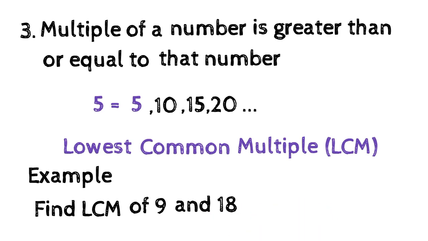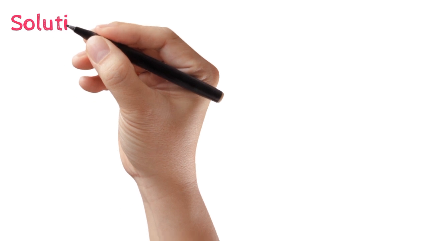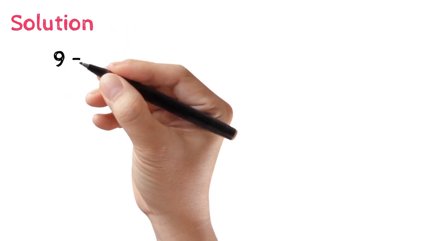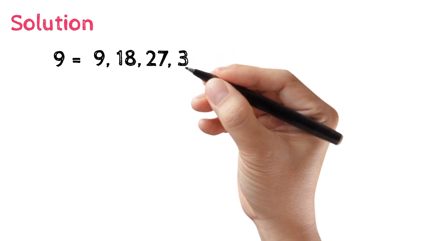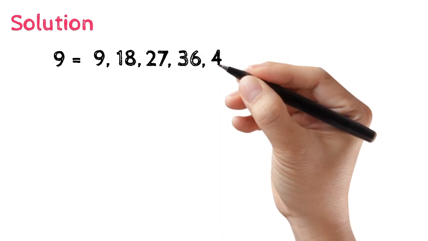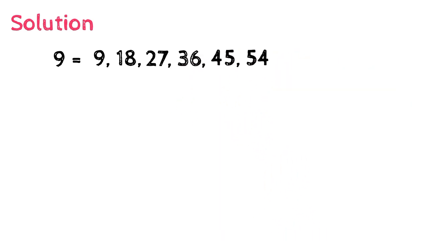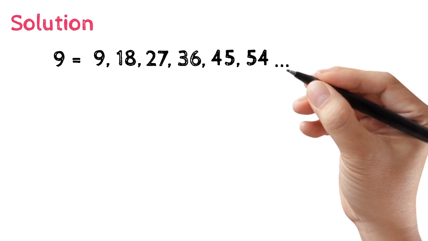So the solution to this, we should first know the multiples of 9. What are the multiples of 9? We have 9 itself, and then 18 the second, another is 27, another is 36, another is 45, another is 54, and so on.